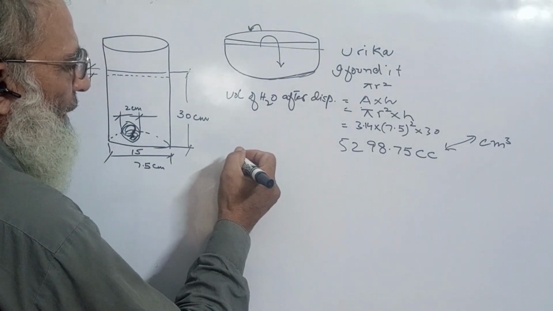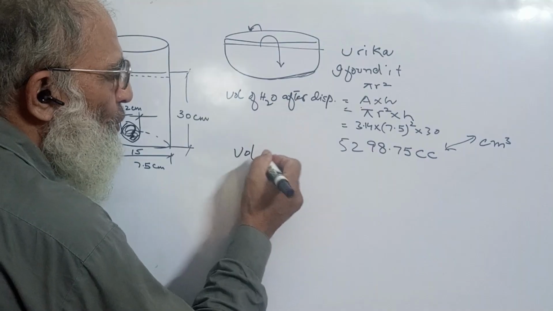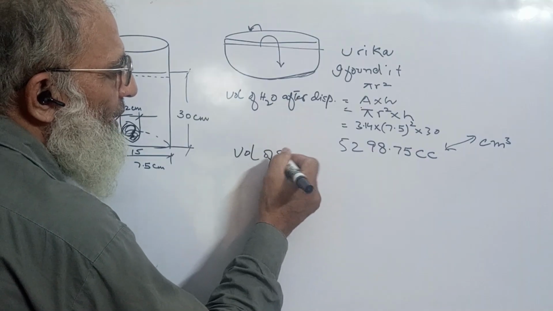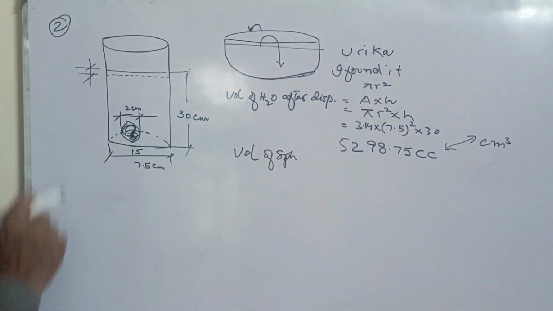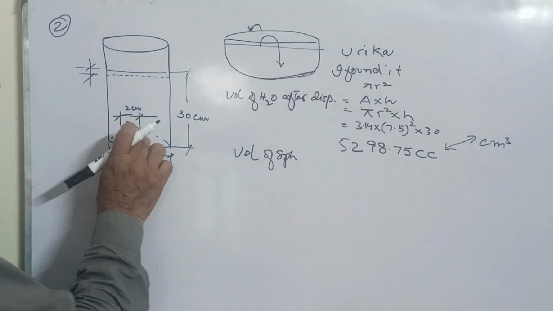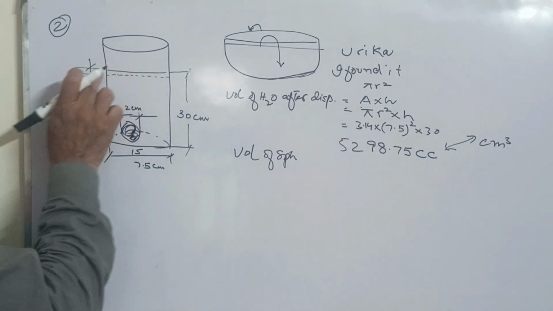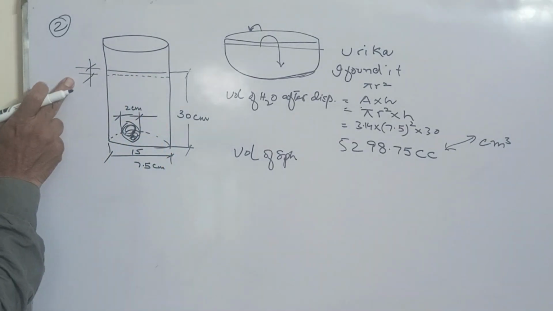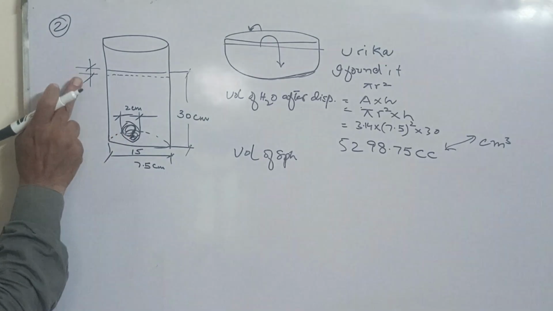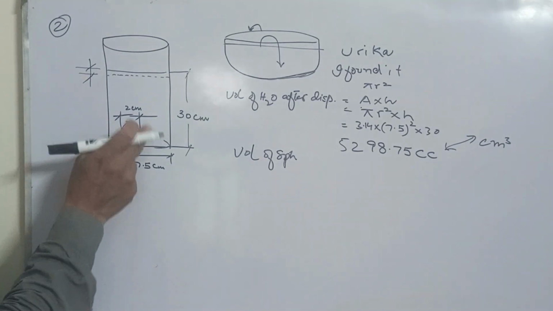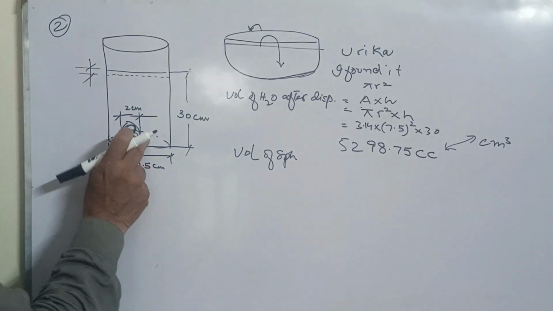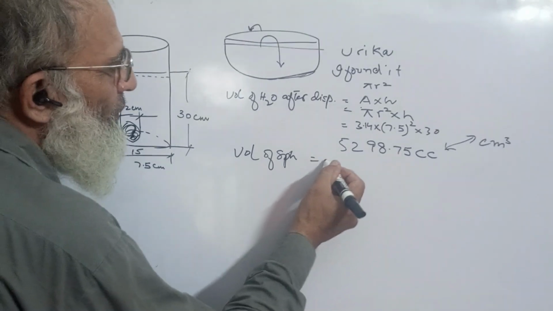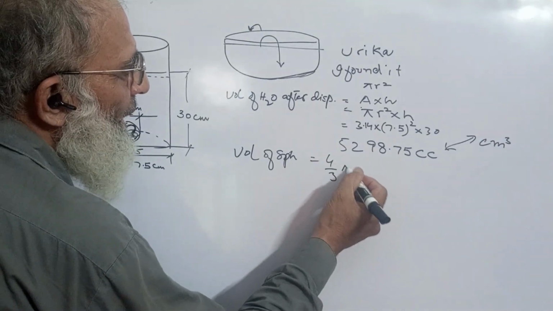How could we find it? We'll find the volume of the sphere which has been dipped into it, because it has made the water rise a little, and the rise is equal to the volume of this sphere. So it will be 4 by 3 pi r cube.